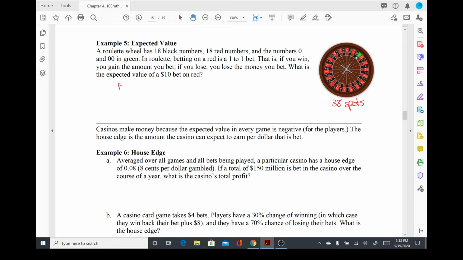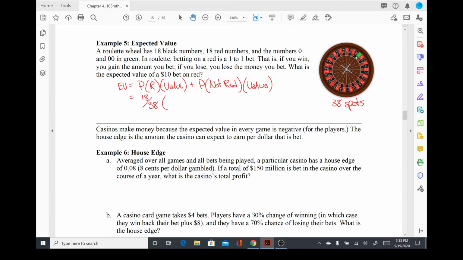We'll do expected value. Probability of red, value of red, plus the probability of not red, and then the value of not red. Probability of red, 18 reds out of 38 spots.